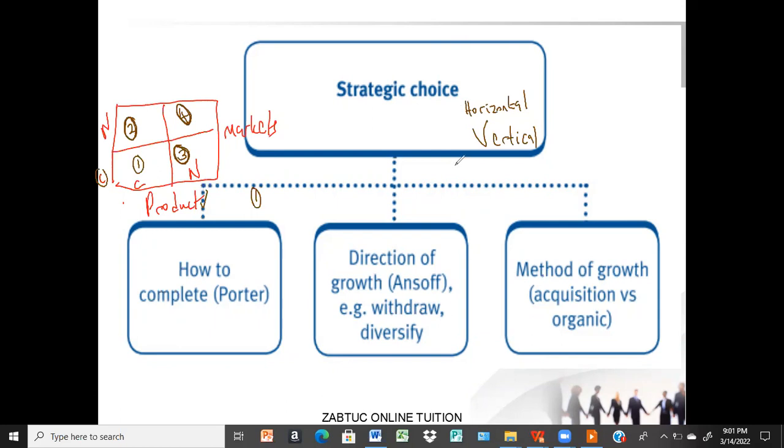So what is horizontal diversification? Vertical, there's backward and forward. What is horizontal growth?